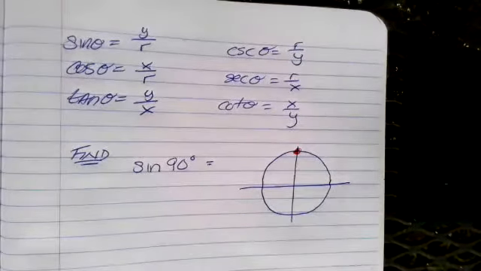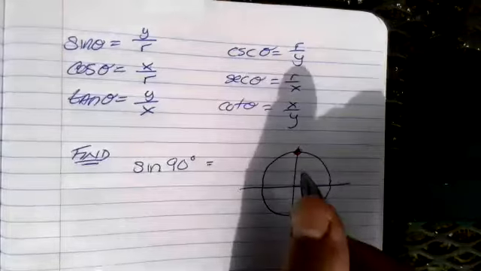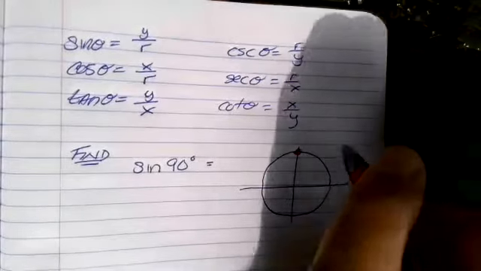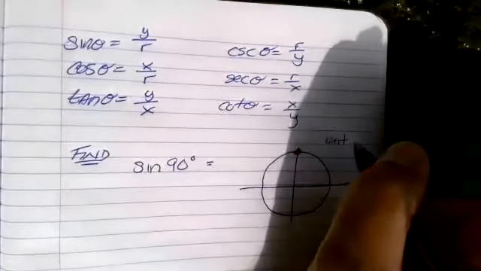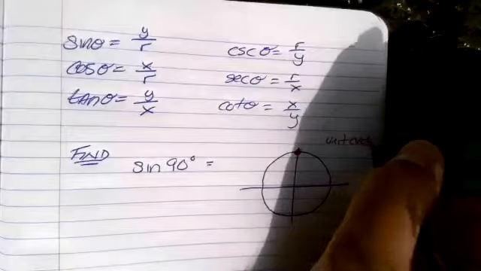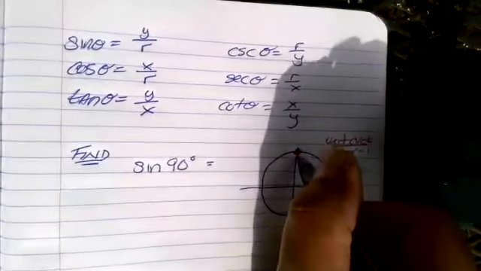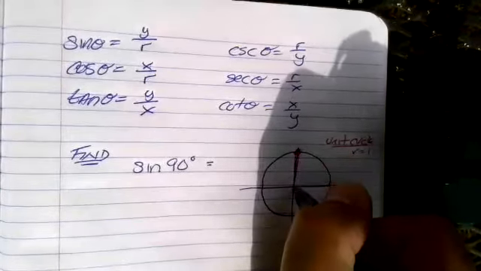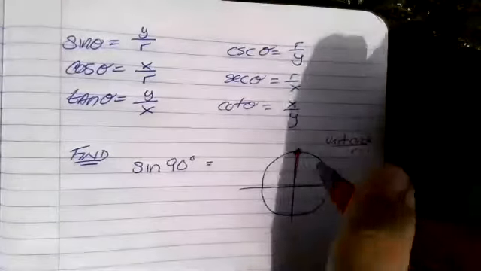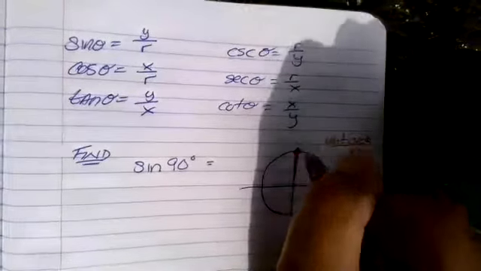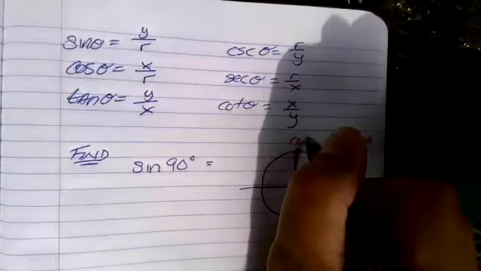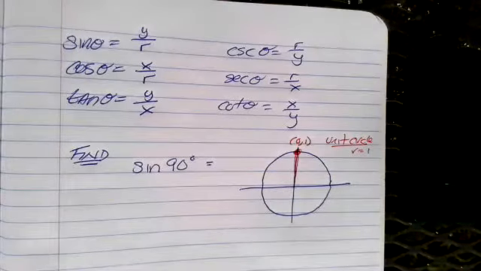I want to find sine of 90 degrees. What do I know about that 90 degrees? We said this is a unit circle, so my radius is equal to 1. That means this distance is 1, so this point would have to be 0, 1. The coordinates of that point are 0, 1.